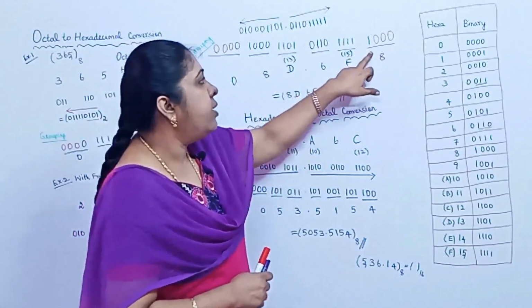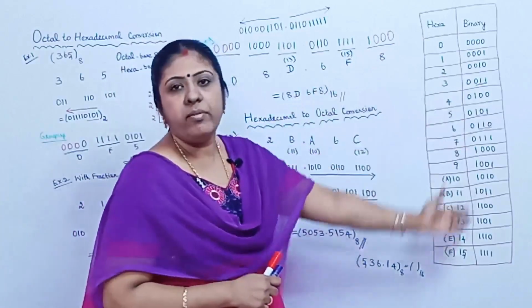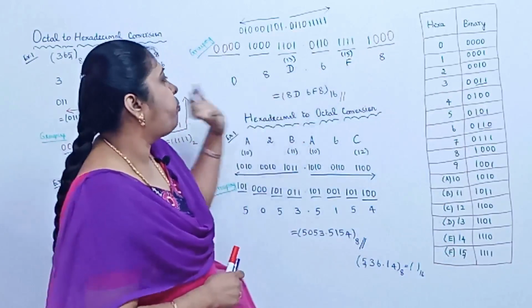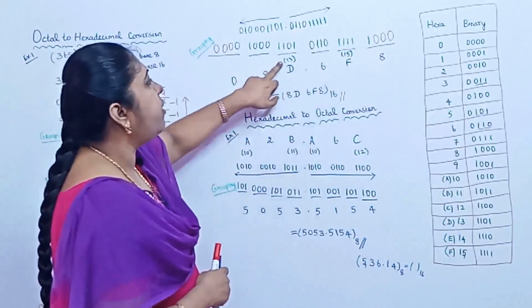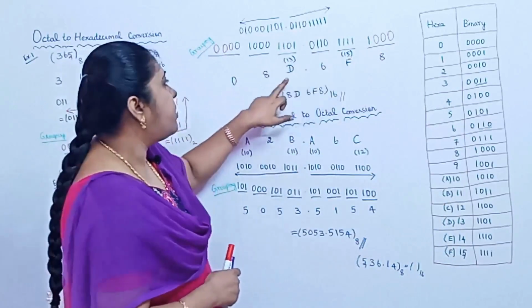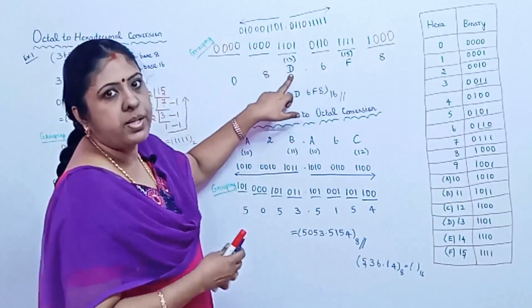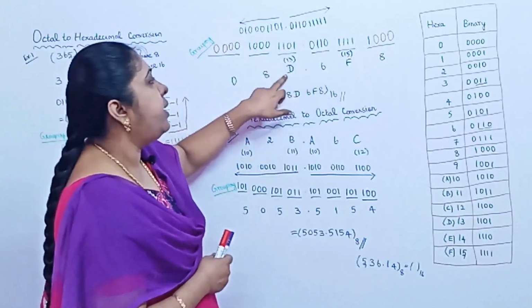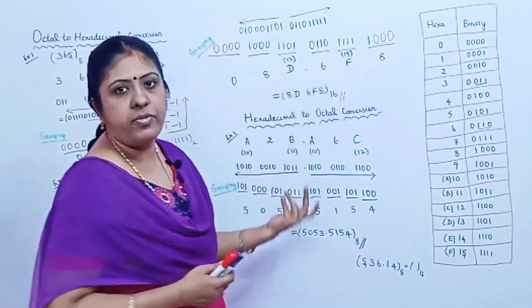And for the concerned hexa values, the binary values are given in the table. Directly we can write the answer. If we are getting 13 or 15, the concerned alphabets have to be represented. It should not be written as 13. So for 13, D is represented, for 15, F is represented.